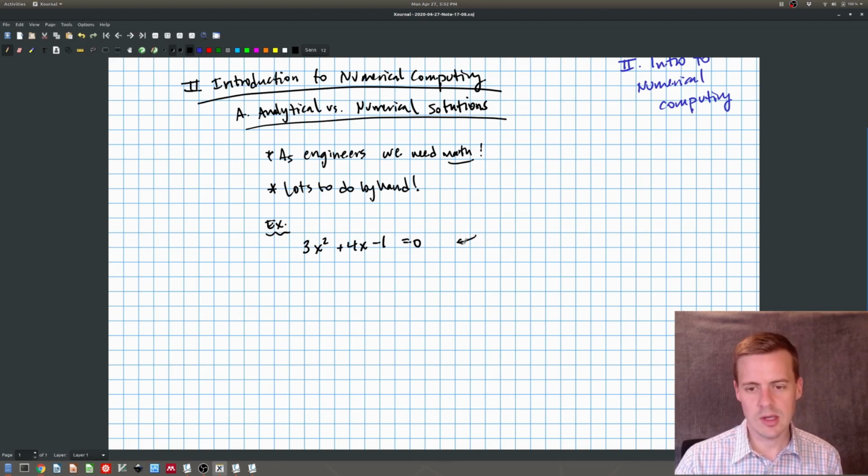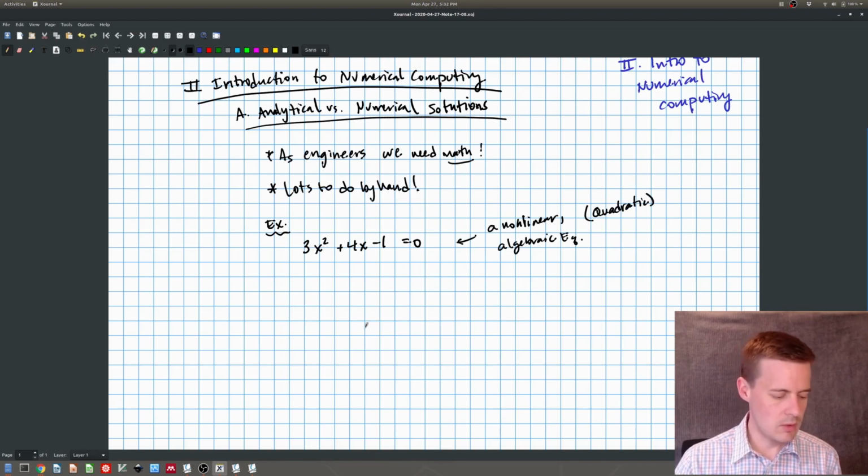Okay, so this is a nonlinear algebraic equation. We'll talk a little bit about that in a second. And specifically, hopefully you remember this as a quadratic equation. Right? And we can solve this by the quadratic formula.